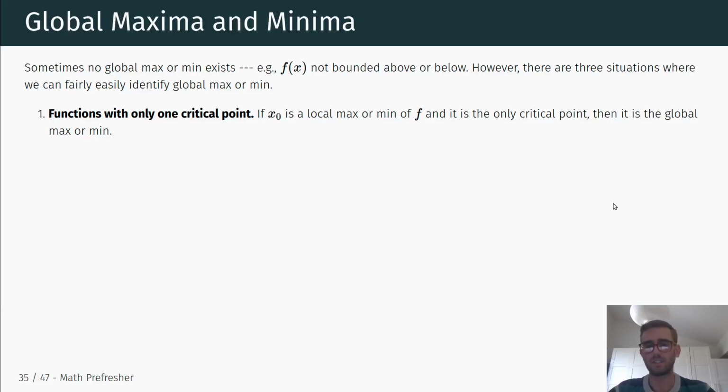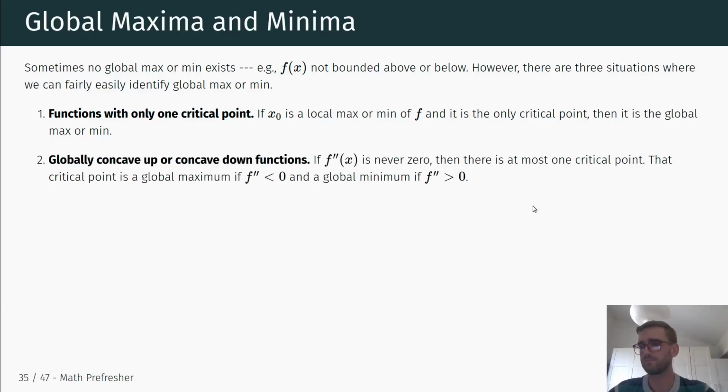If you look, for example, at x squared, or any kind of u-shape or reverse u-shape function, there's only one critical point, and you would theoretically need at least a second critical point in order to reverse the trajectory of the function, in order to have the function being not bounded above or below that local maximum.